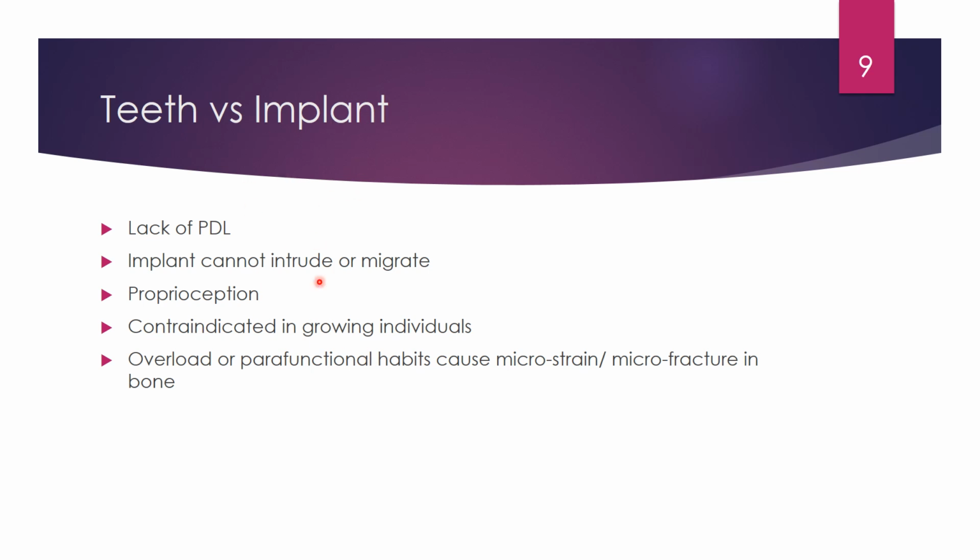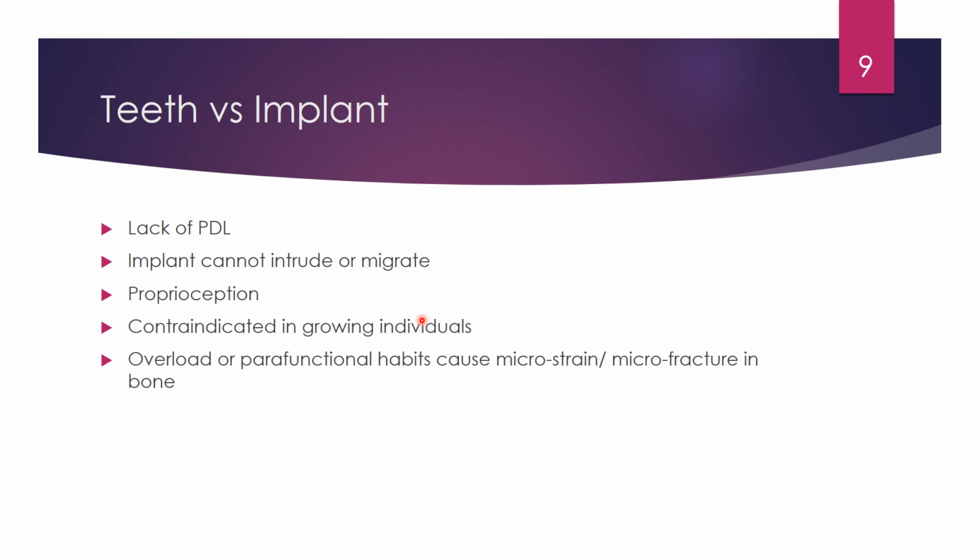Okay, and implant is also contraindicated in a growing individual. This is because once we are growing and advancing, we cannot put an implant as there are still changes going on in the bone surface and the height, length and width of the bone.